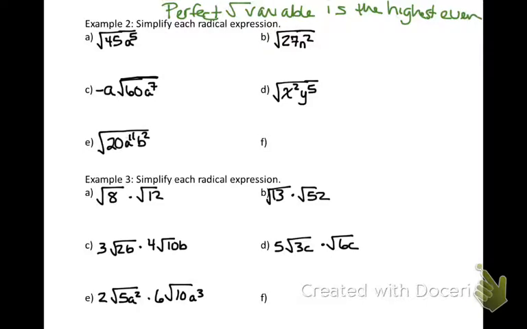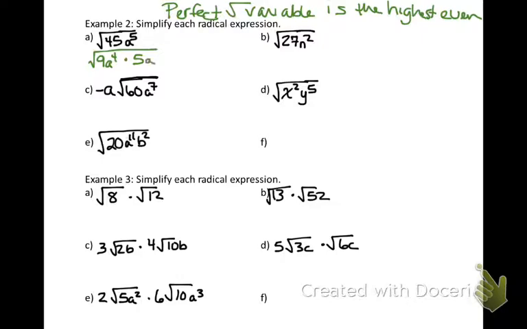So if I look at it, we'll start with the number, and we do 45. So I could break up 45 and that would be 9 and 5. Notice I'm giving myself some space on the 9. Now I have a to the 5th. Now my highest even exponent for a to the 5th is a to the 4th. And I have 4.